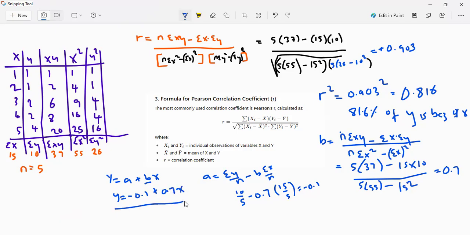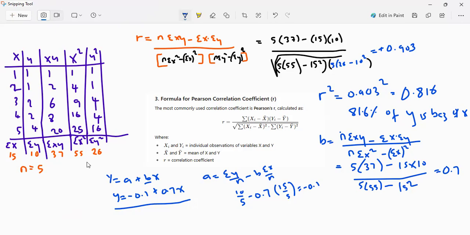So this becomes our regression or prediction equation. Are we together? Okay. So we are done.